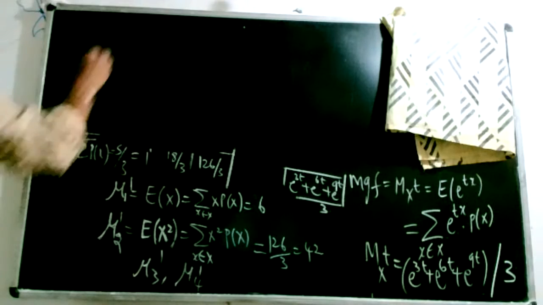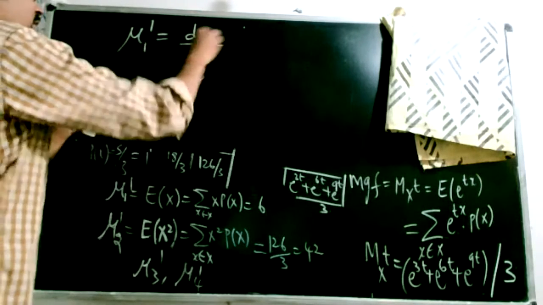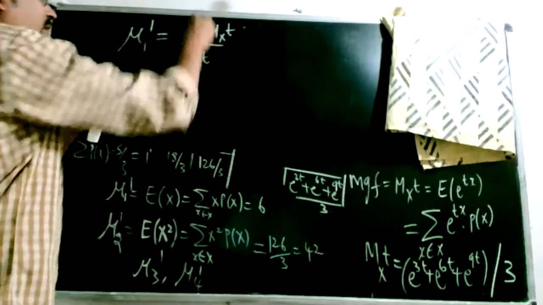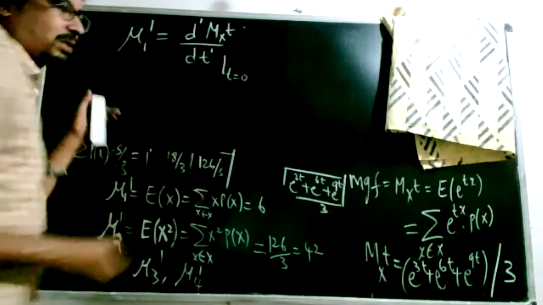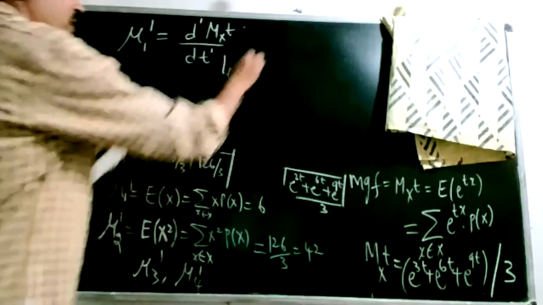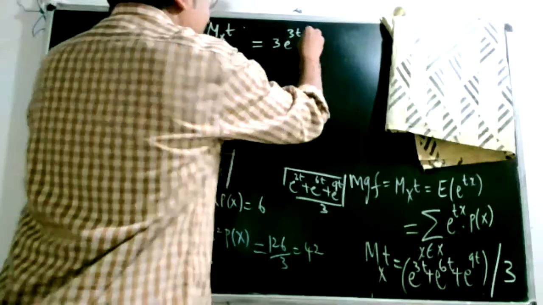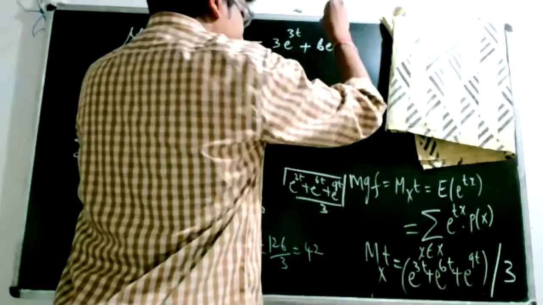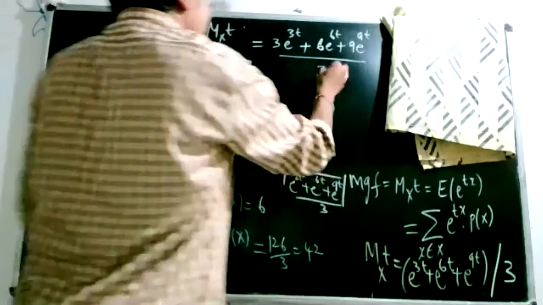Now how to generate the first moment. The first moment is defined as the first derivative of the MGF. Whatever MGF mx of t you have, you differentiate it with respect to t once and put t equal to 0. When I differentiate this with respect to t, I get 3 e power 3t plus 6 e power 6t plus 9 e power 9t, divided by 3.